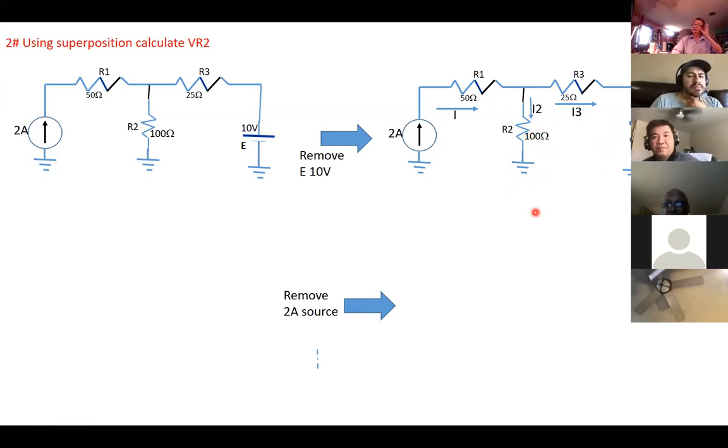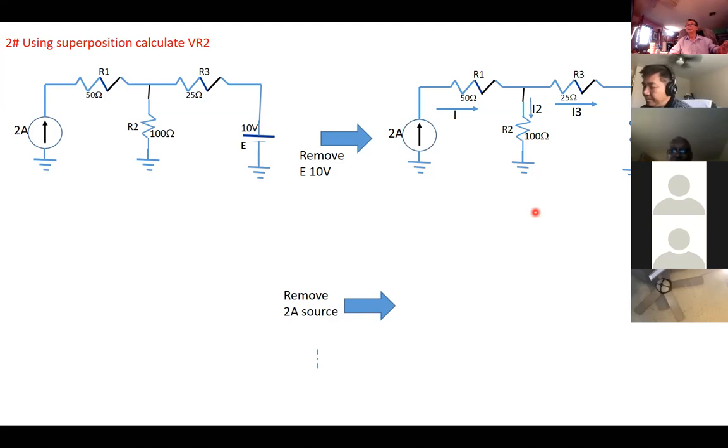If I look into the circuitry, I know for sure R2 and R3 are in parallel. The thing is you get I2 and I3, different currents in parallel. How do we calculate I2? What formula? Current divider.